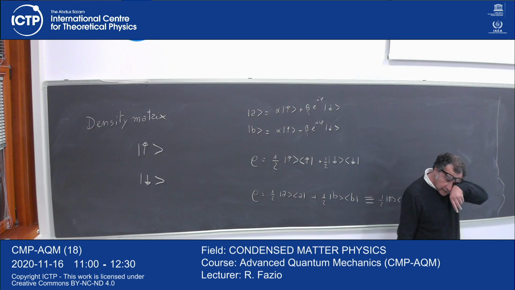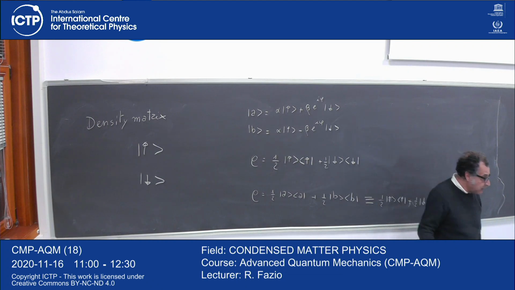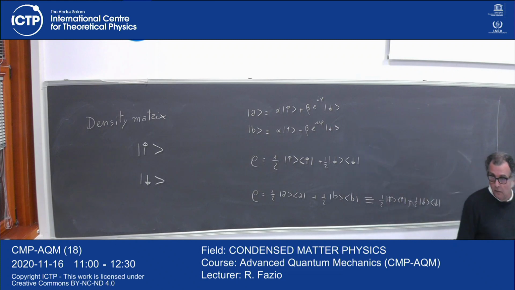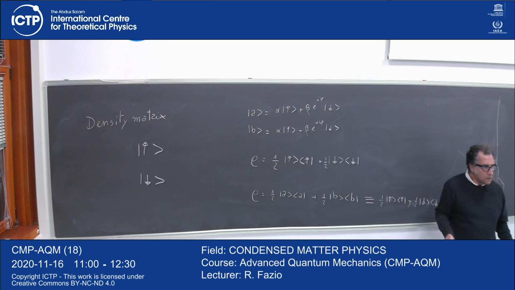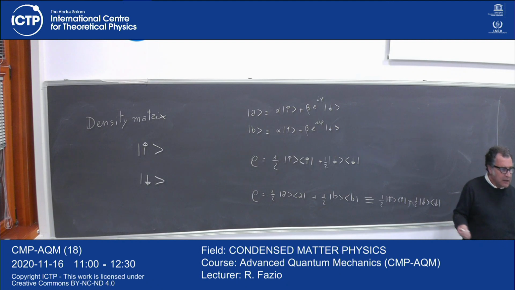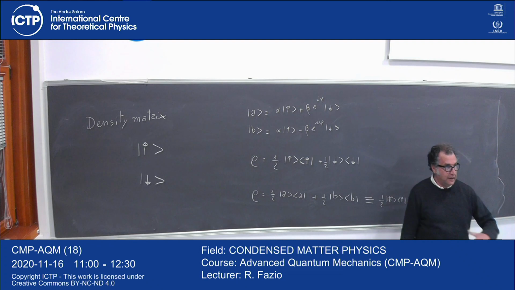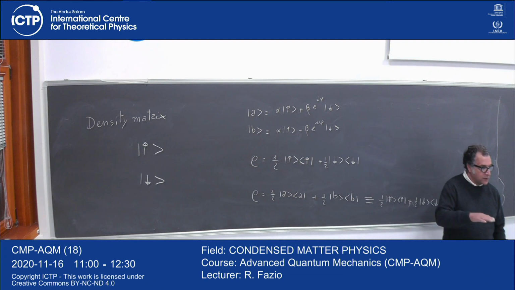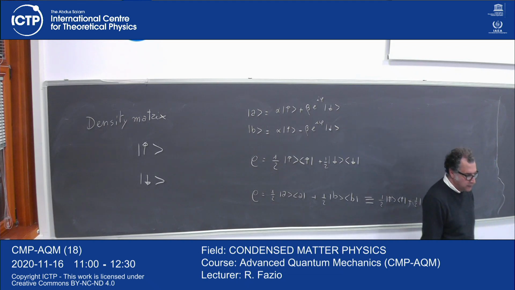Now, the density matrix is something that you already saw. I'm just using this preparation way because it's simple in my view, but when you studied statistical physics, you saw that a given system is prepared in a state in which it will be in one of the eigenstates of the Hamiltonian with probability given by the Gibbs distribution.